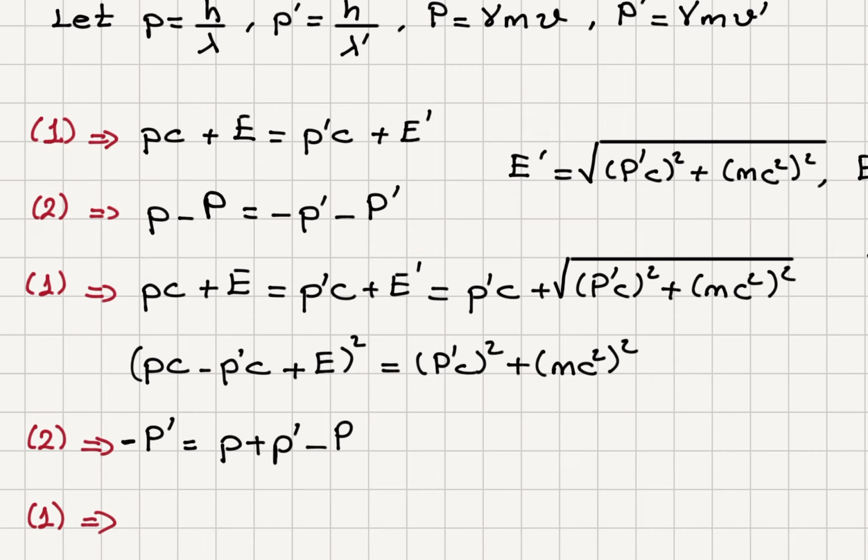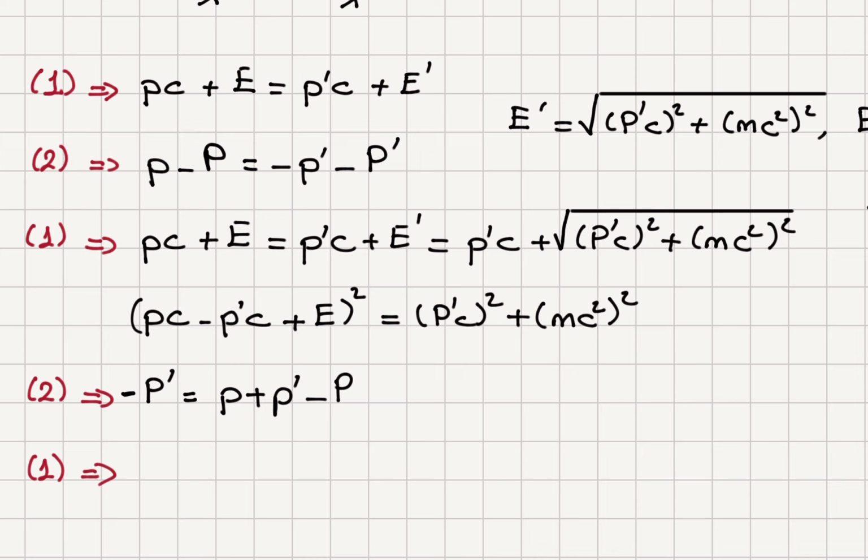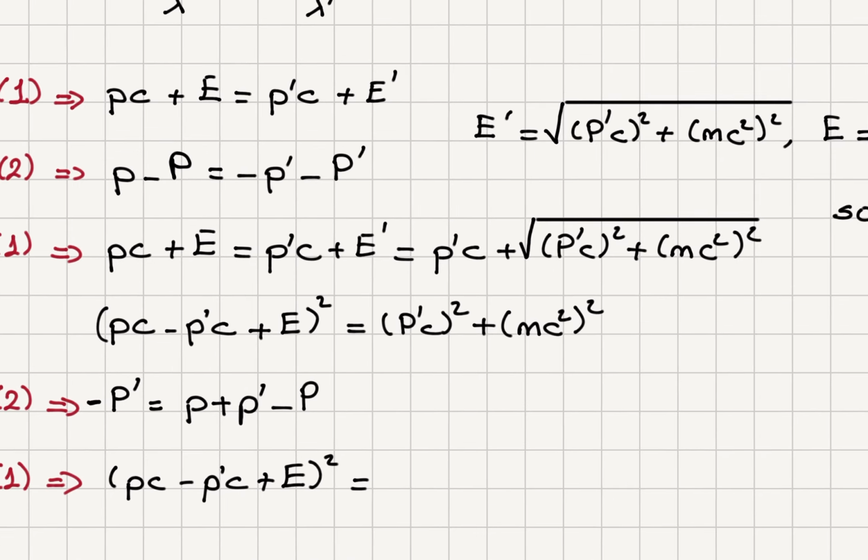Okay, so going back to my energy conservation, this equation here, I'm going to write this as pc minus p prime c plus capital E, squared, is equal to, so that's the left hand side of this equation.